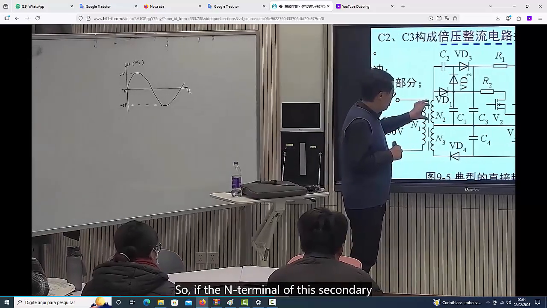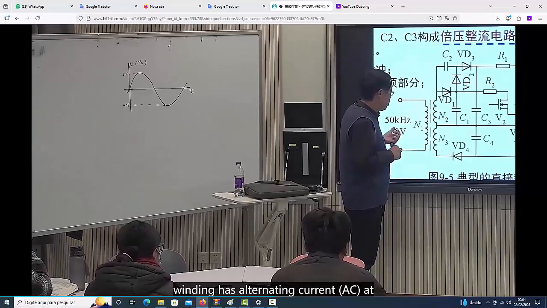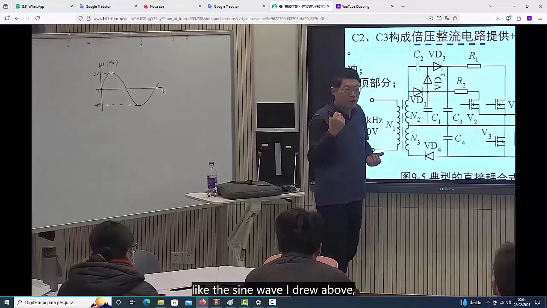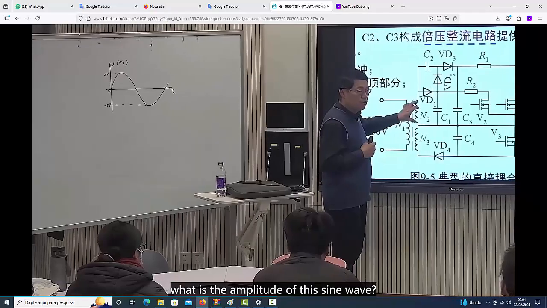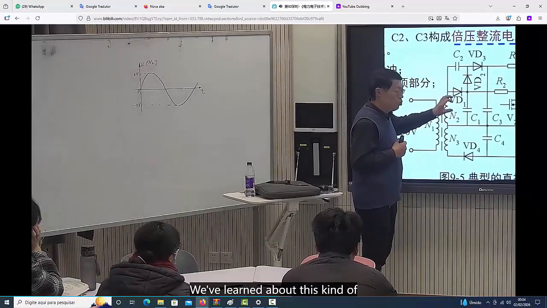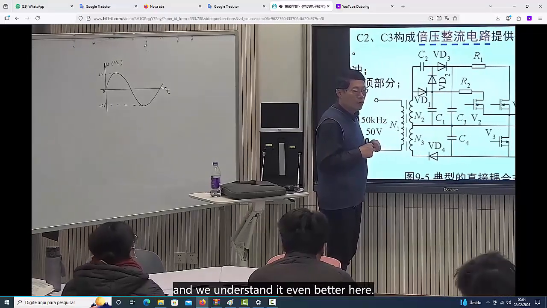so, if the N2 terminal of this secondary winding has alternating current, AC, at both ends, like the sine wave I drew above, what is the amplitude of this sine wave? We've learned about this kind of rectifier circuit in analog electronics, and we understand it even better here.